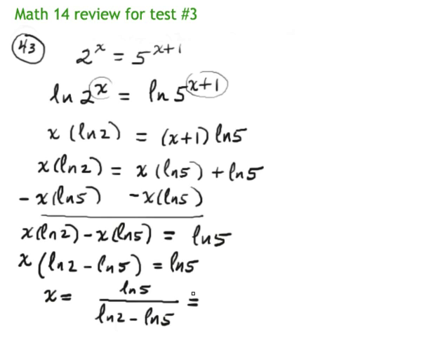Okay, once again we'll work this out. And we have 1.609 for ln 5. And for ln 2, we had 0.693.